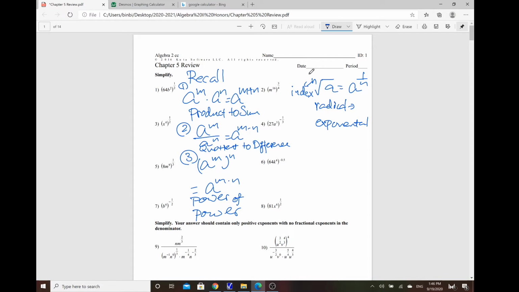It shows how many times you need to break down the base. The other one is also radical form to exponential form, but this one involves a power. It's the n root of a to the power of m. Once you convert it to exponential form, it's a to the power of m over n.